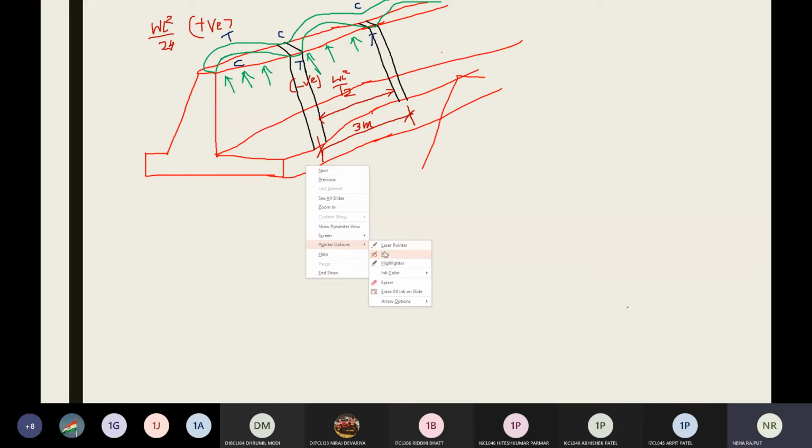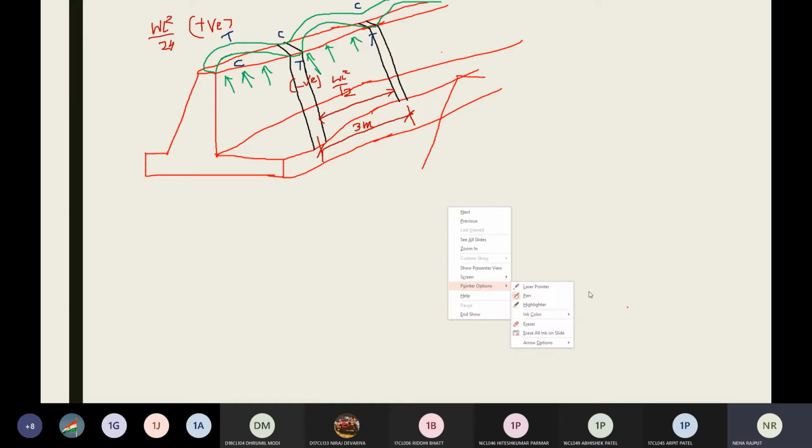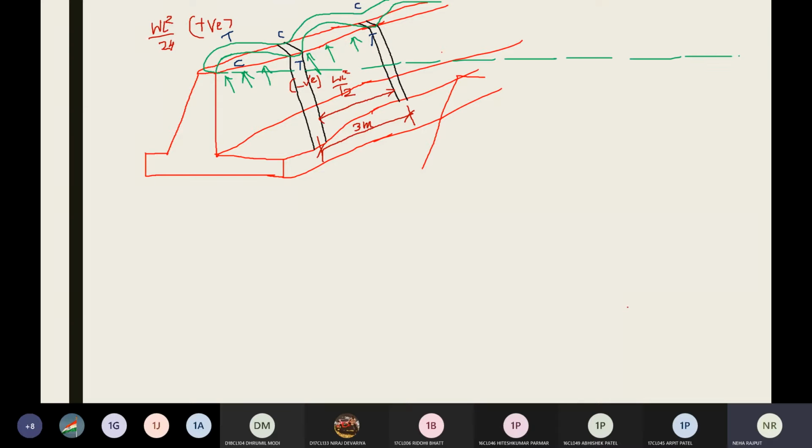Here your stem is facing some surcharge pressure also and backfill pressure also. So I am just extending this level over here so that I can draw the pressure diagram.